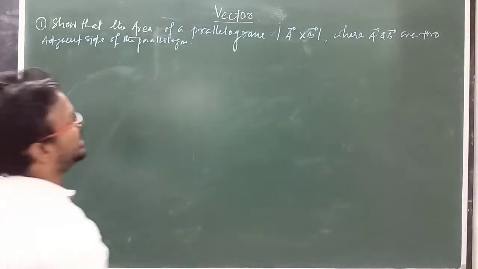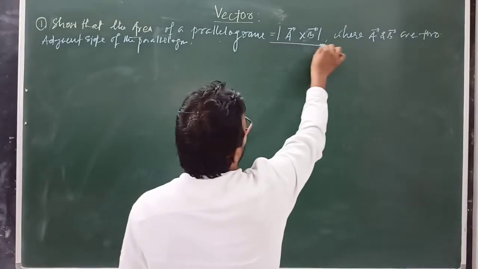Now we have to show that the area of a parallelogram is equal to the magnitude of the cross product of A and B.